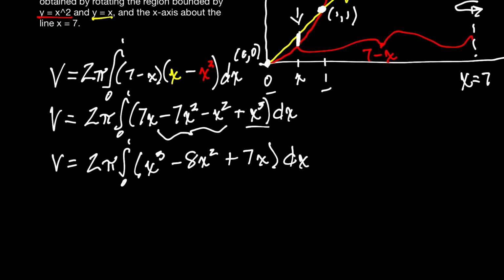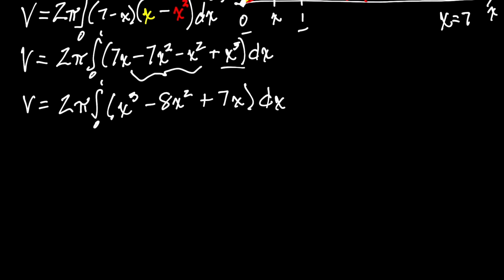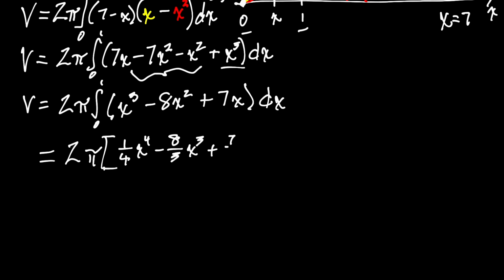So I'm going to scooch this up a little bit because I keep hitting my pause button. 2 pi. This becomes 1/4 x to the 4th minus 8/3 x cubed plus 7/2 x squared. And we're going from 0 to 1.